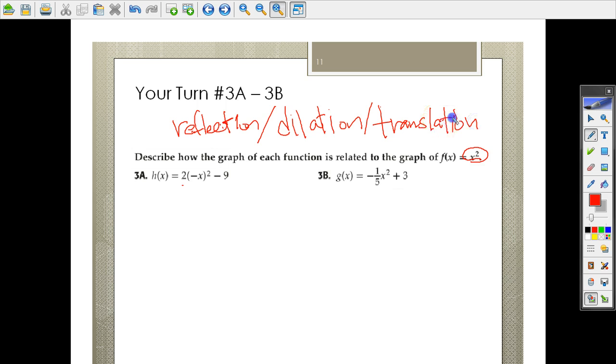When you're describing, you need to tell all three of these. When you're done, come back.